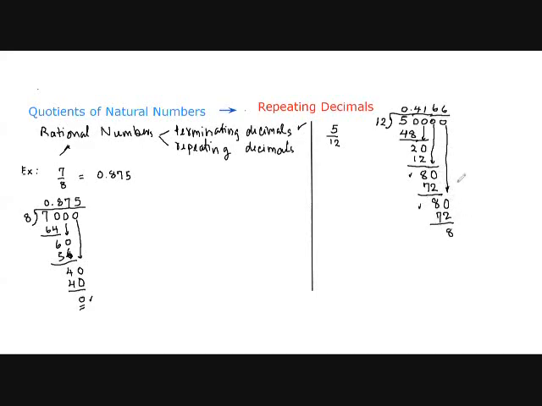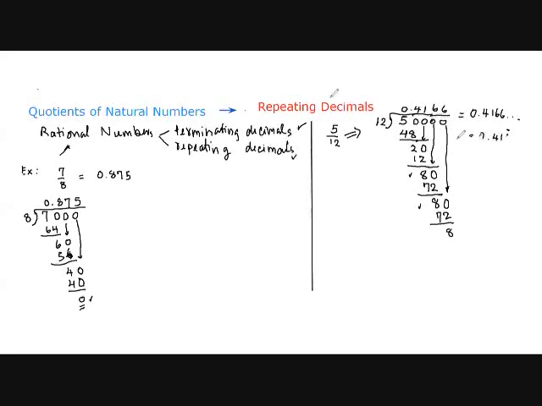So this answer is going to be 0.416 and you can write dot, dot, dot, or you can write 0.416 with a bar on top of the number 6. Okay, so when you see this, we know this decimal is a repeating decimal.